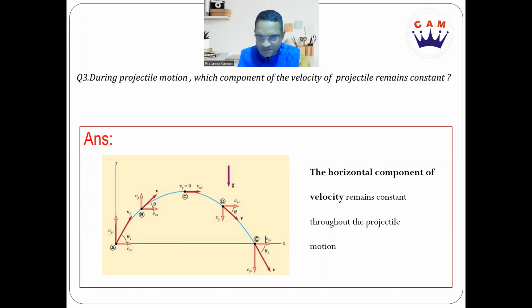Let me ask a few questions here. At the topmost point, what is the velocity? u cos theta, right? The vertical component becomes 0 at the topmost point. And the total velocity at the topmost point is u cos theta, and it is minimum.